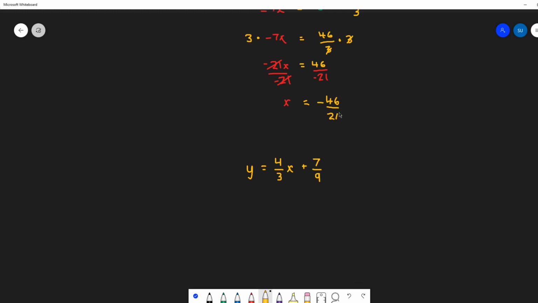And now we can plug this x value into our equation here so that we can find the value of y. So we're going to get y equals 4/3 times negative 46 over 21 plus 7/9.